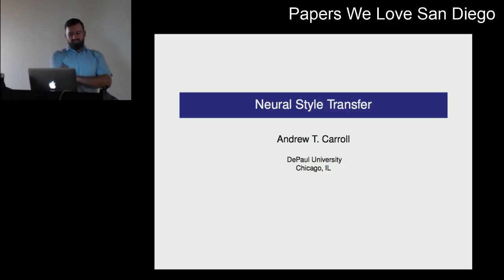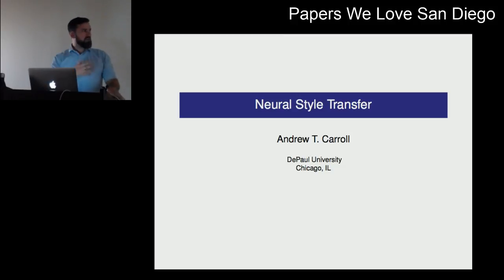As a little bit of a disclaimer, I'm a math professor, but I have tried to hide as much of the mathematics as possible. And I also am not going to explicitly define a neural network tonight. Because really the interesting stuff going on in this article is more about how you encode the style of an image, how you can think about what is the style of an image versus the content of an image.